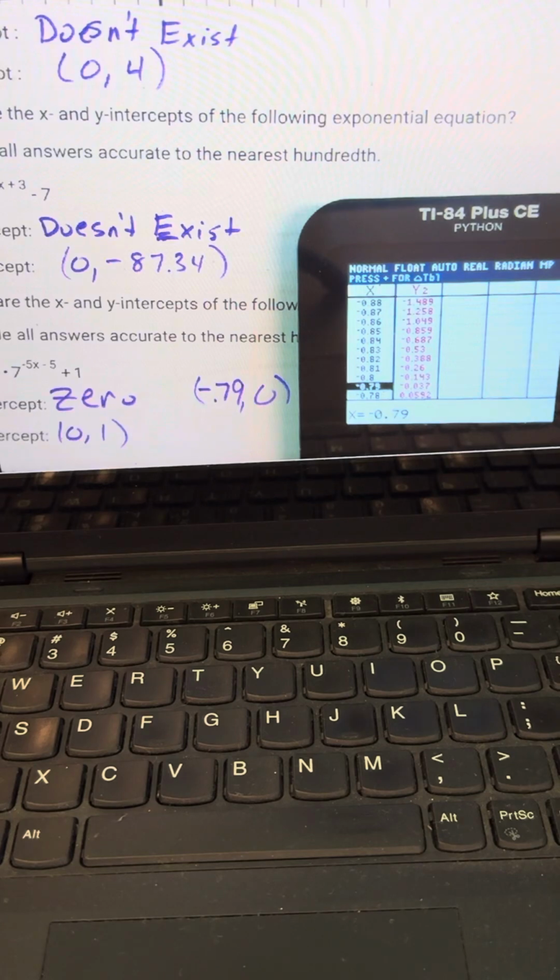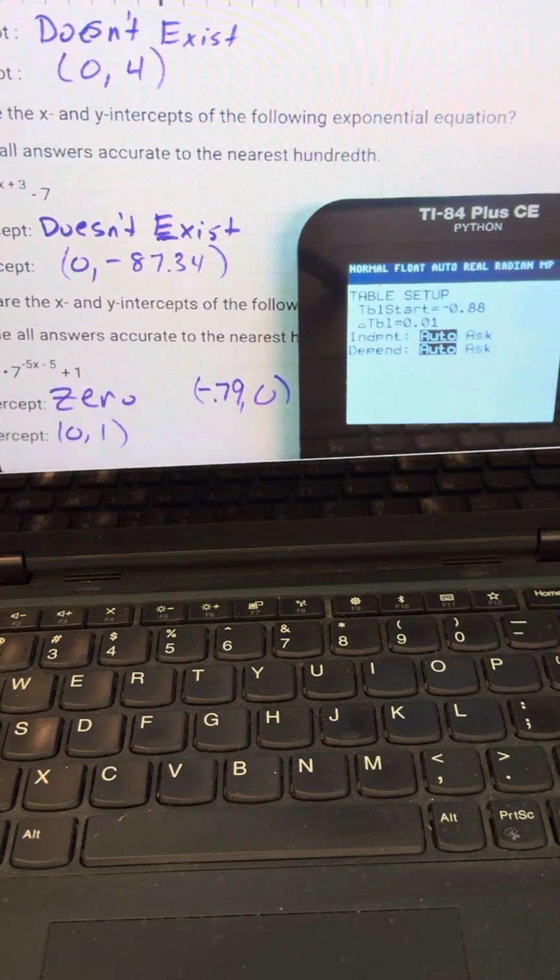So that's where it changes from negative to positive. And which of the two is closest to 0. So that's using your table set. And so you graph it, find where it's at, start where it is, and then do your change every 0.01 to the nearest hundredth. Or use the 0, which I think is easier.